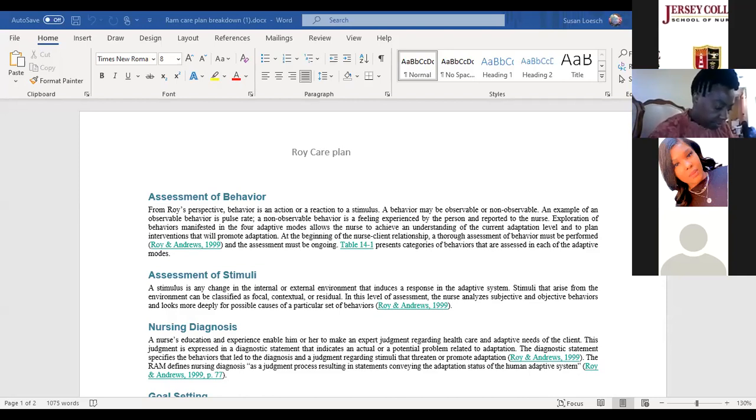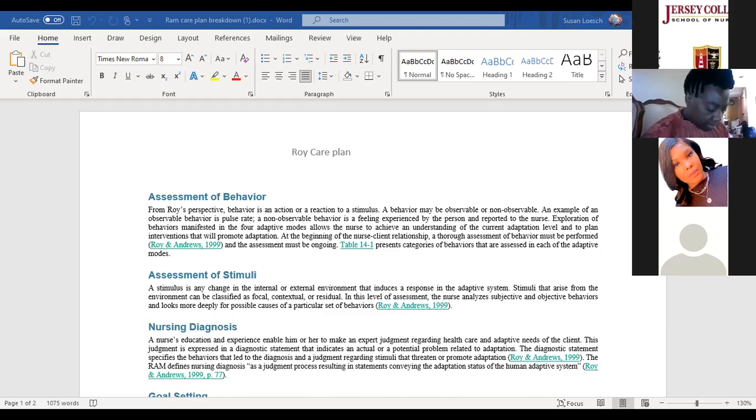Okay, so everybody should have this document here. Can you see it? I'm sorry, would this be found in Canvas or in our email? So you guys should have gotten this email to you. I believe Ms. Z sent this to you a while ago.